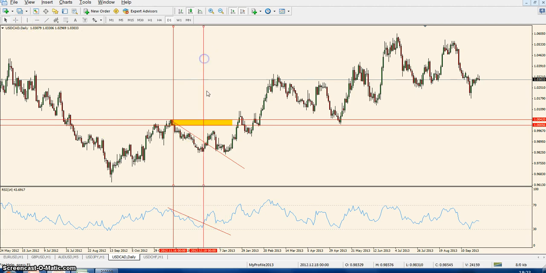Correct, the alignment broke here, which is this bar. So the close of this bar is here. It's a red candle, so the close of this bar is here, right?